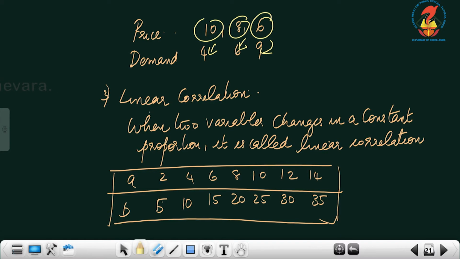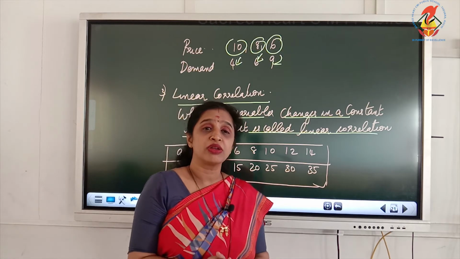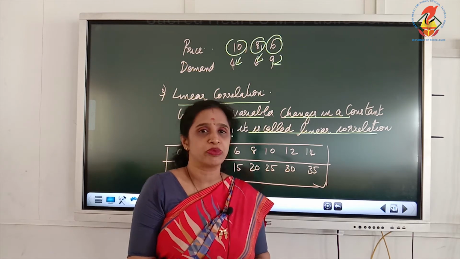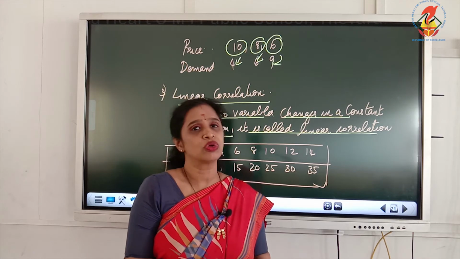Now the next one is linear correlation. What is linear correlation? When two variables change in a constant proportion, it is called linear correlation. If both the variables are changing in a constant proportion, then we call it a linear correlation.